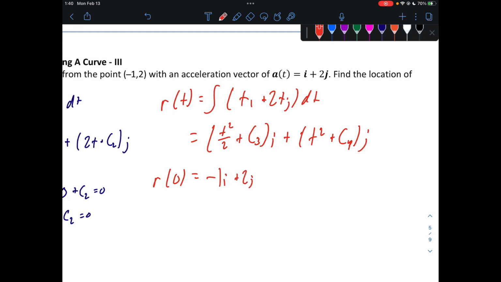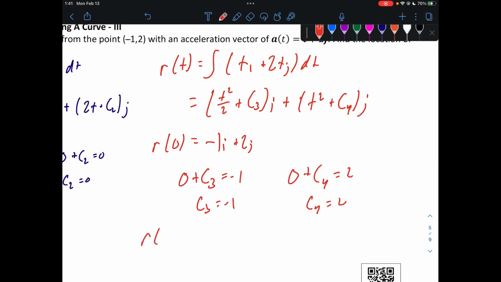So I'm going to set t squared, 0 squared. So 0 plus c3 equal to negative 1. 0 plus c4 equal to 2. So c3 equals negative 1, c4 equals 2. So now my r of t must be equal to t squared over 2 minus 1 i plus t squared plus 2 j.